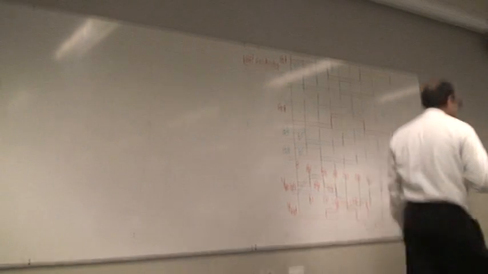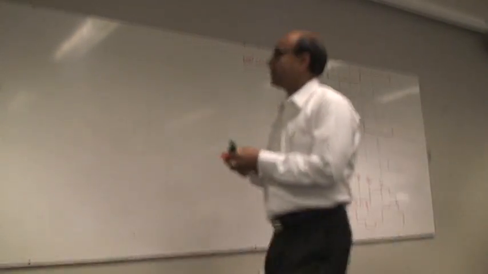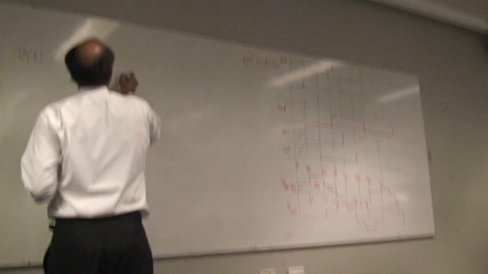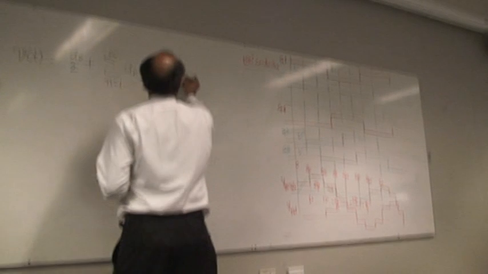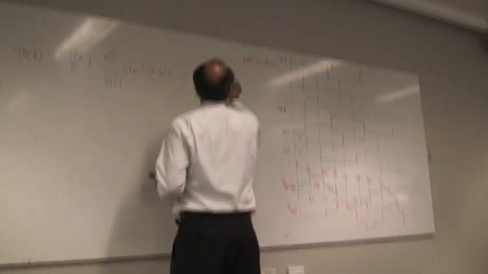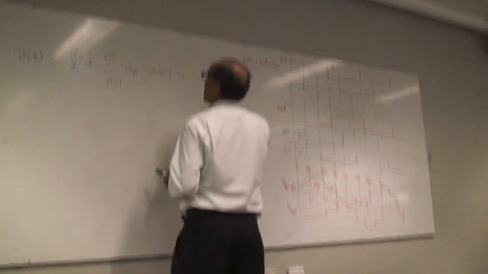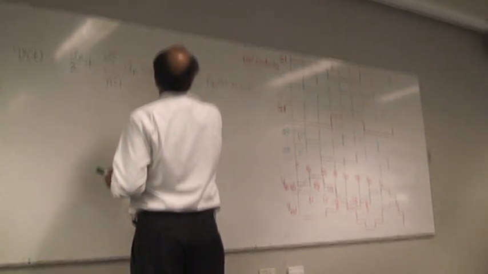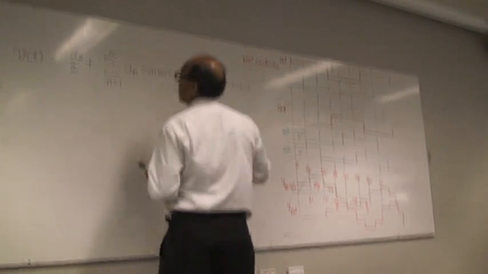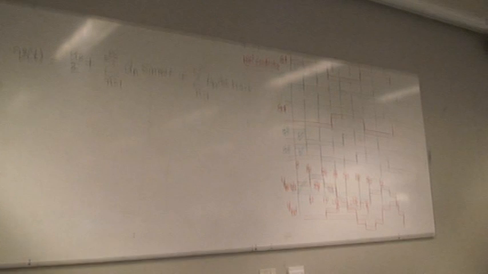So how do you actually get, if you remember we started with the expression that v(t) equal to A0 by 2 plus the sum of An cos n omega t plus Bn sin n omega t. If your expression is like that, how do you actually get this A0, An and Bn?